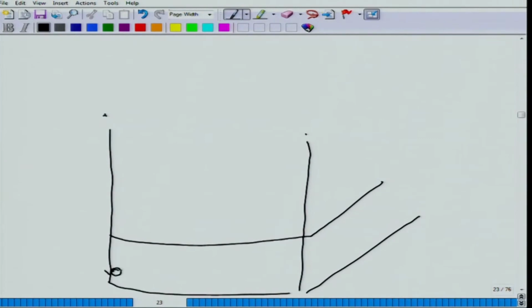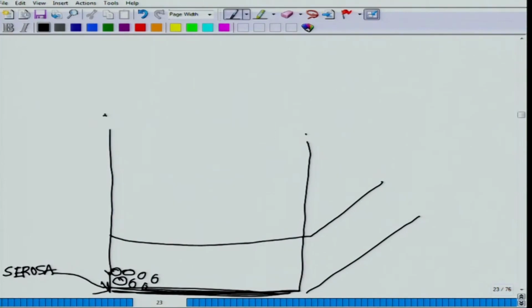So, this is the bottommost layer, and underneath there is a layer which is called the serosal layer. This base layer is called serosa. On top of serosa, you have the muscularis externa, something like this.